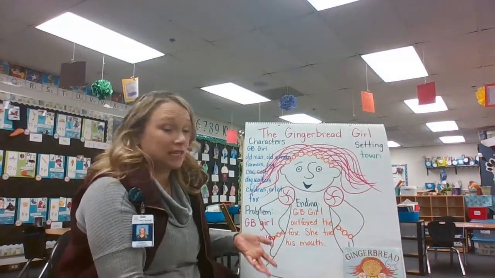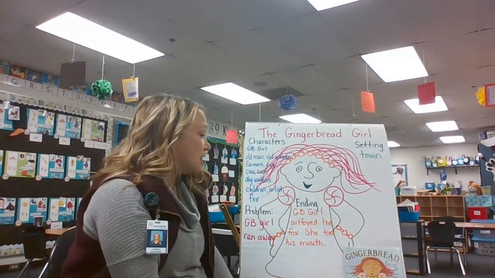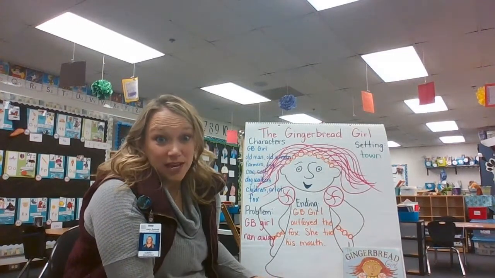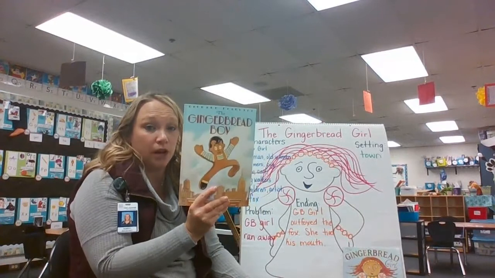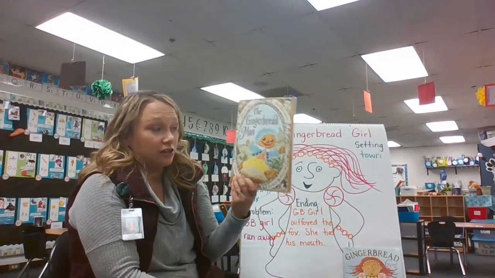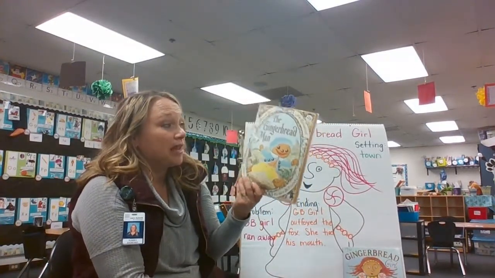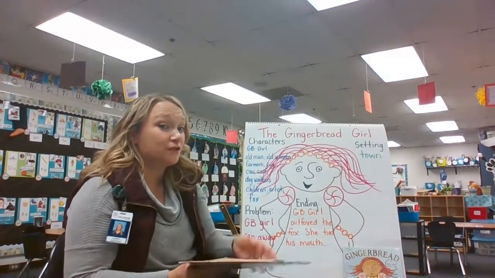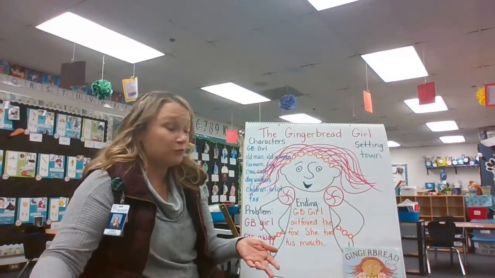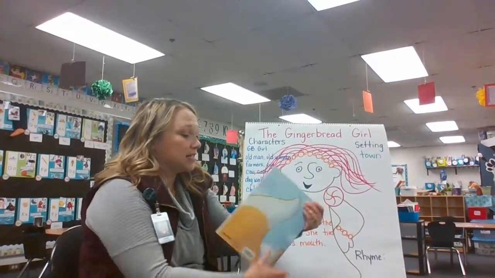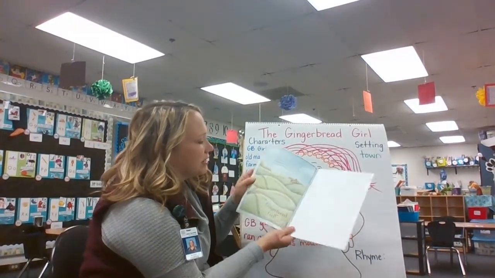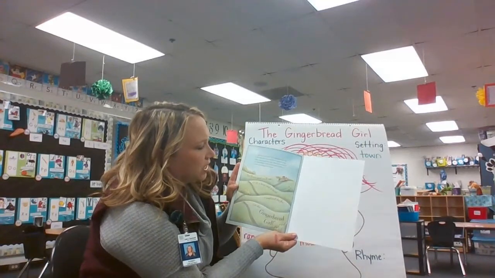She wasn't eaten as a cookie, which was great in this part of the story. And very different than the other two, because in the gingerbread boy, he got eaten. And the gingerbread man, he got eaten as well. So this is the first version of the gingerbread stories where the cookie doesn't get eaten. In fact, it went on to tell in the end that she kind of trained him.